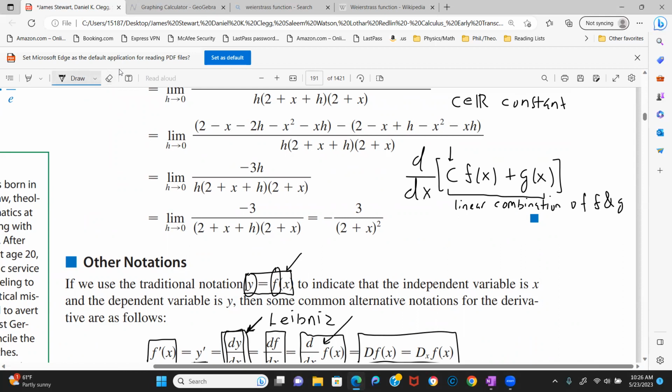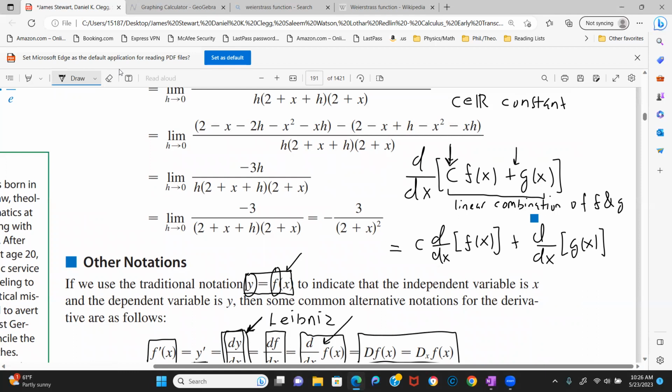it's simply that you can pull out the scalar, this real number, take the derivative of f of x, and then add the derivative of g of x. So the derivative, in a sense, distributes over sums and scalar multiples.